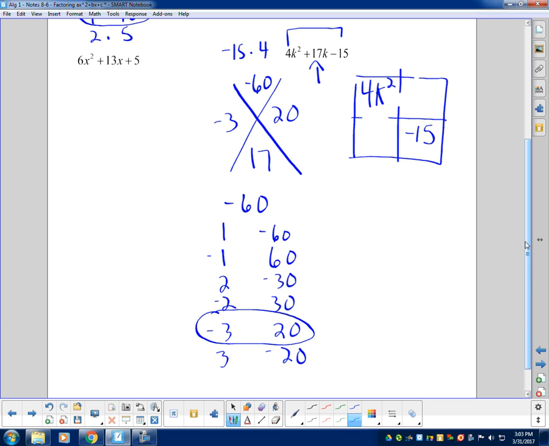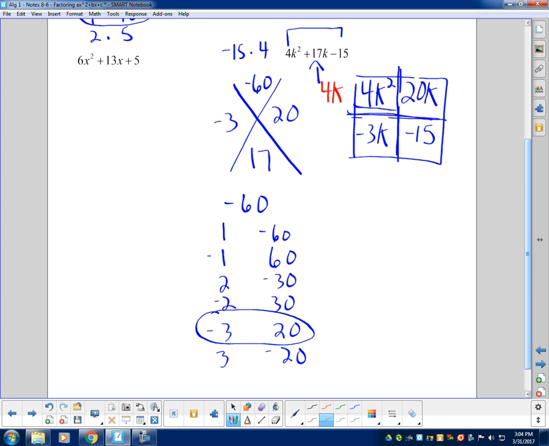So we'll redo that. 20k and negative 3k. And then we're going to find the greatest common factor of each row and each column. So, greatest common factor of the first row between 4k squared and 20k. Biggest number that goes into each of those is 4, and we have a k in each one.